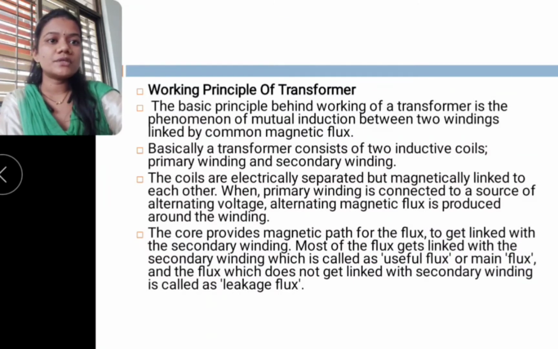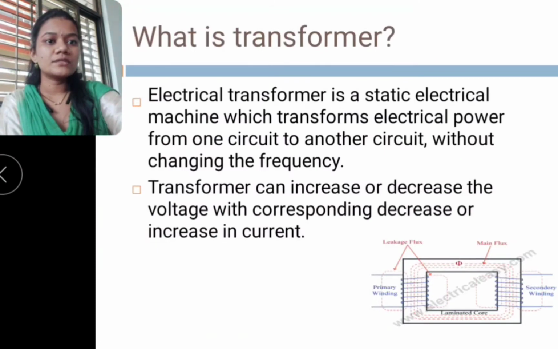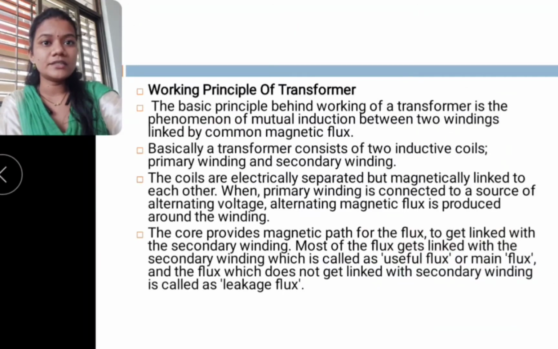Basically, a transformer consists of two inductive coils, the primary winding and the secondary winding. The coils are electrically separated but magnetically linked. As we see in this image, the primary and secondary windings are magnetically connected but electrically separated.